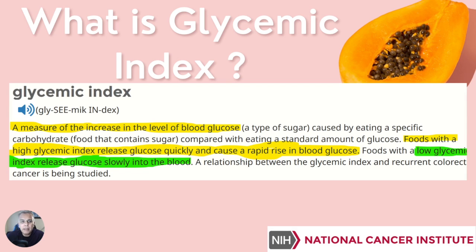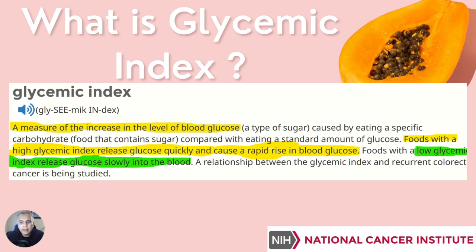So the glycemic index, as defined by the National Cancer Institute, which is a part of NIH, is a measure of the increase in the level of blood glucose. So foods with a high glycemic index release glucose quickly and cause a rapid rise in blood glucose, whereas low glycemic index foods release glucose slowly into the blood.